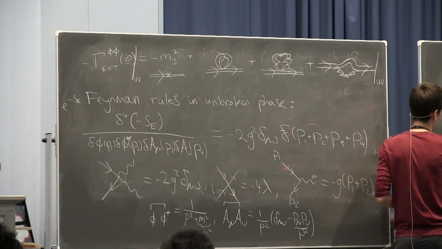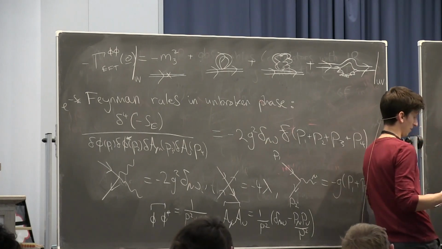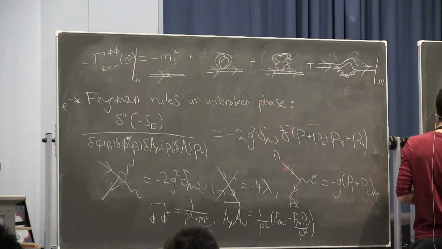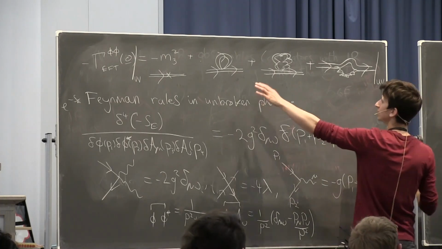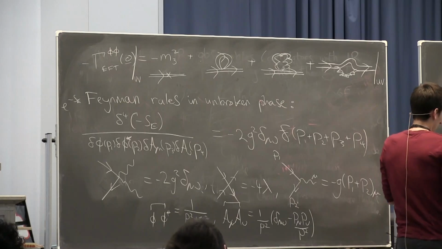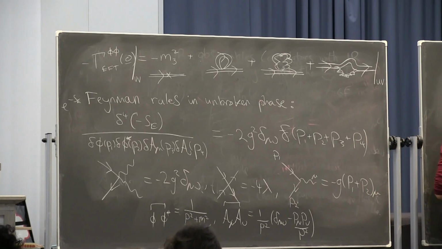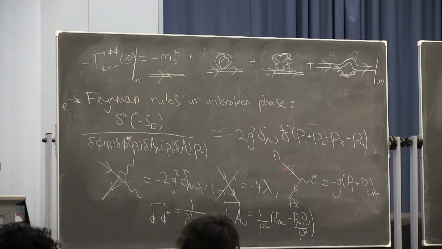Now, in the full theory, if I match the same thing, it's the sum of diagrams. We get mu squared plus... and we want the UV part.